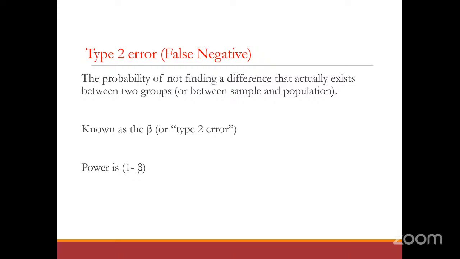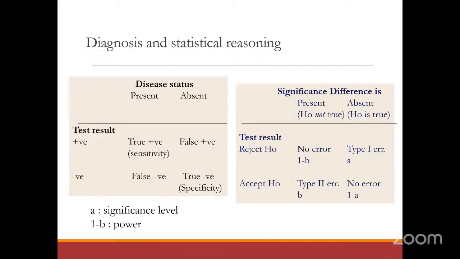So we first always try to minimize the type 1 error. In the table figure on the right side, you can see the significant difference in test results.